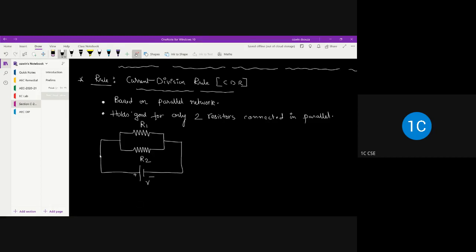Let I be the main current and I1 and I2 be the branch currents. Let me write: I is the main current, I1 and I2 are branch currents.